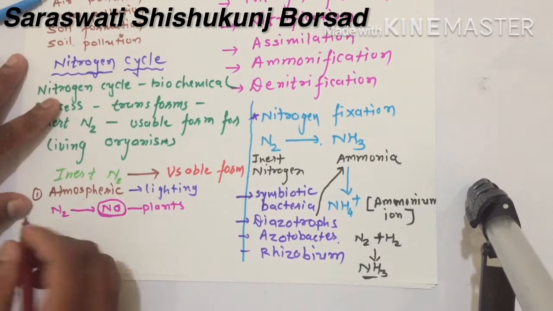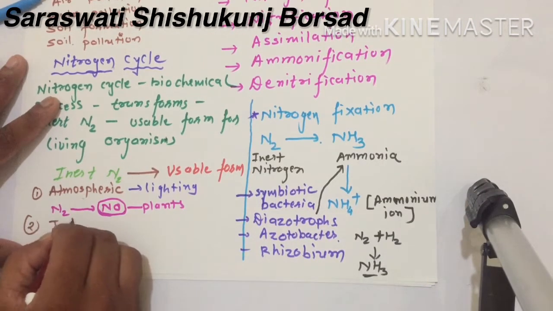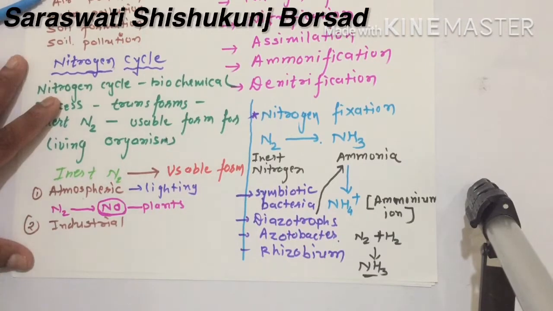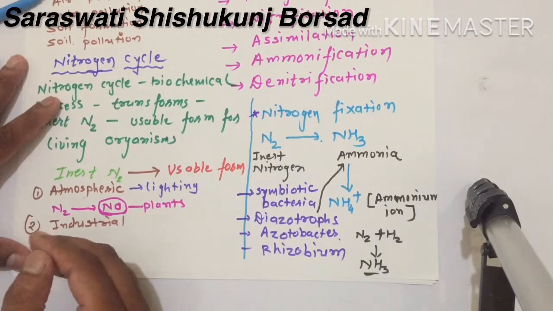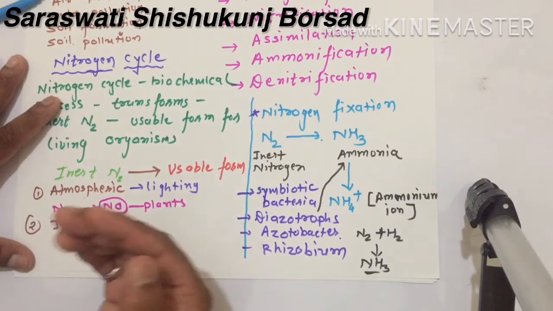The second way of nitrogen fixation is industrial. During the industrial process, harmful substances will be released.